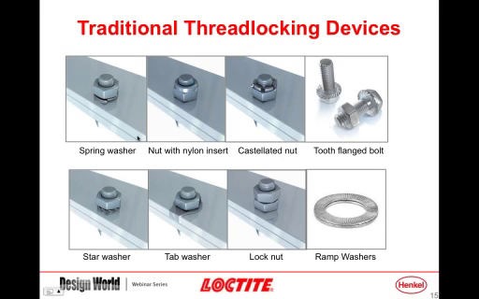All right, so this is just a representation of a couple of standard, tried and true devices. The spring washer and the star washer both take a similar approach. In the case of the spring washer, the concept is that it adds some additional force required to compress that spring washer.